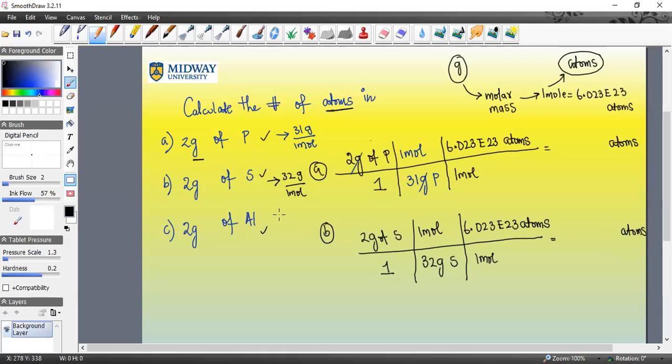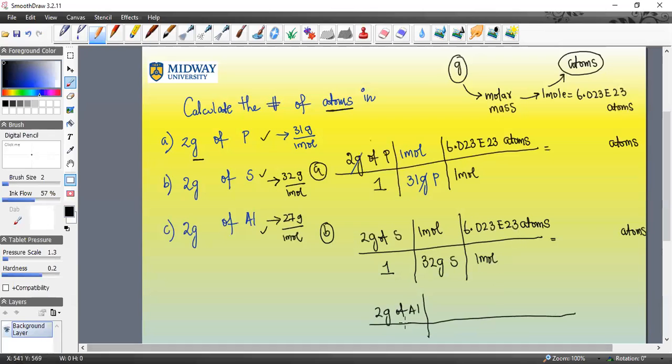And what's it for aluminum? If you go to the periodic table, aluminum is 27 roughly. So it's 27 grams over 1 mole. Okay. So that means we do the same. So 2 grams of aluminum is what we are starting with.